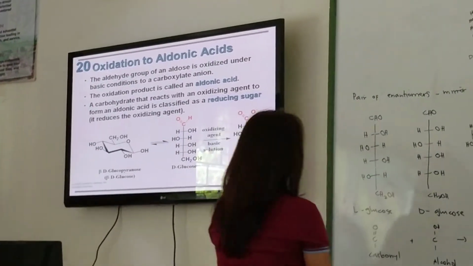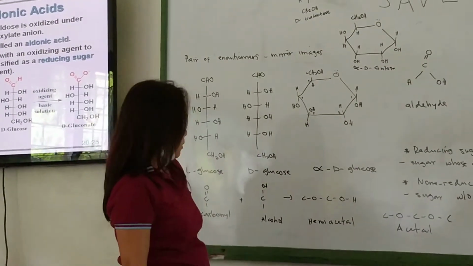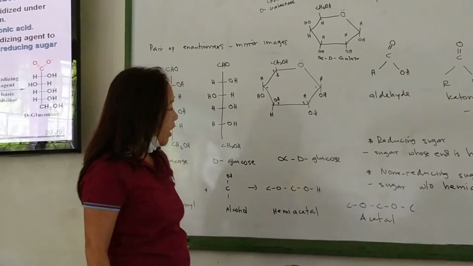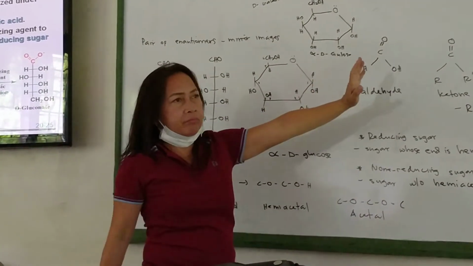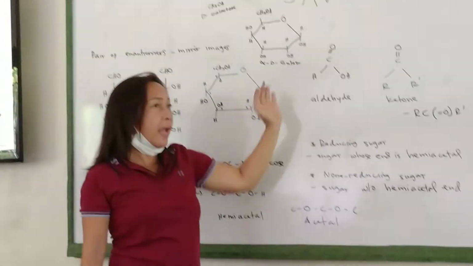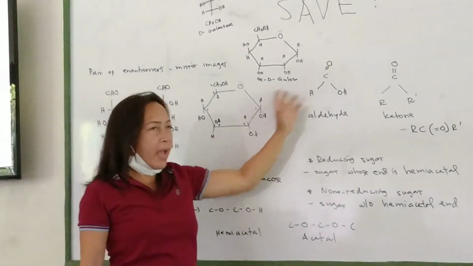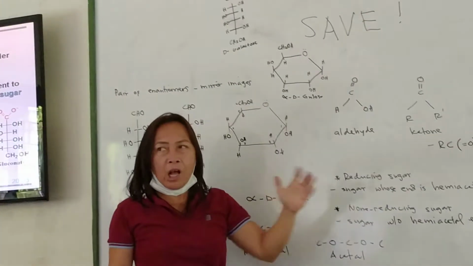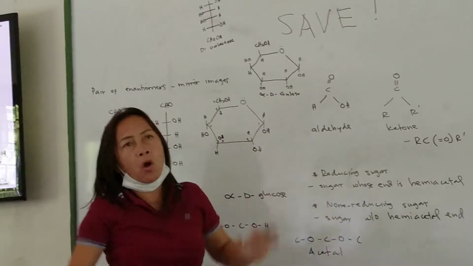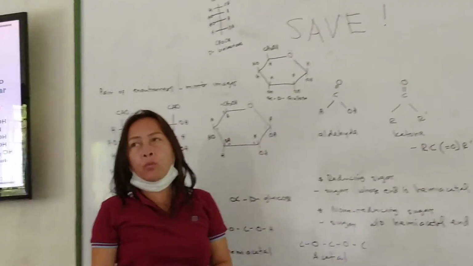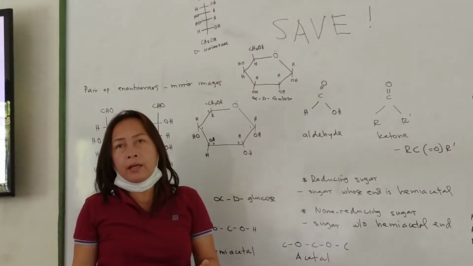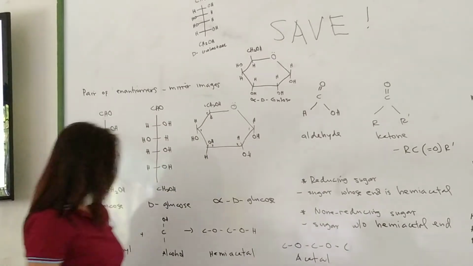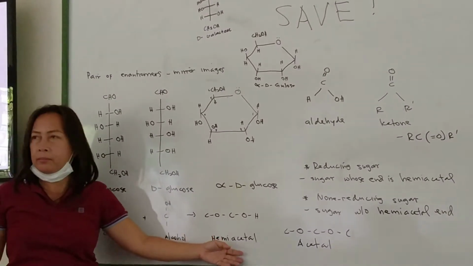Meaning, if this carbohydrate reacts with the oxidizing agent, then we can classify it as reducing sugar. But how, without looking at the oxidizing agent yet, can we describe a carbohydrate as reducing or non-reducing? Now, back to our hemiacetals.